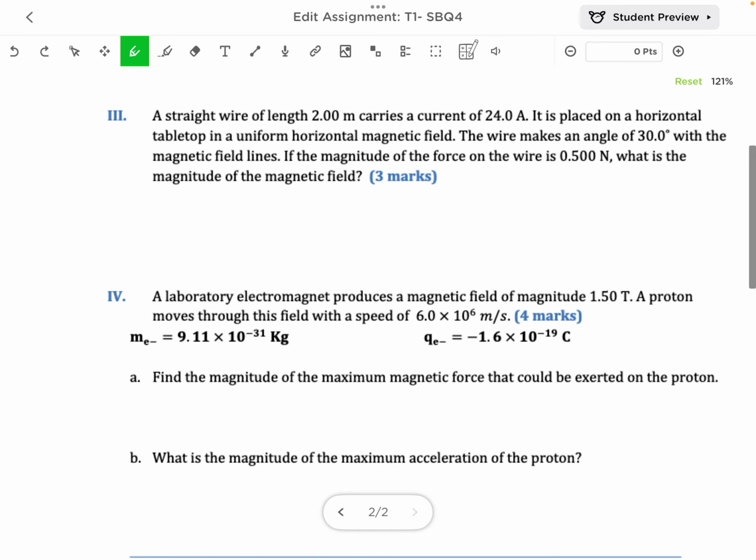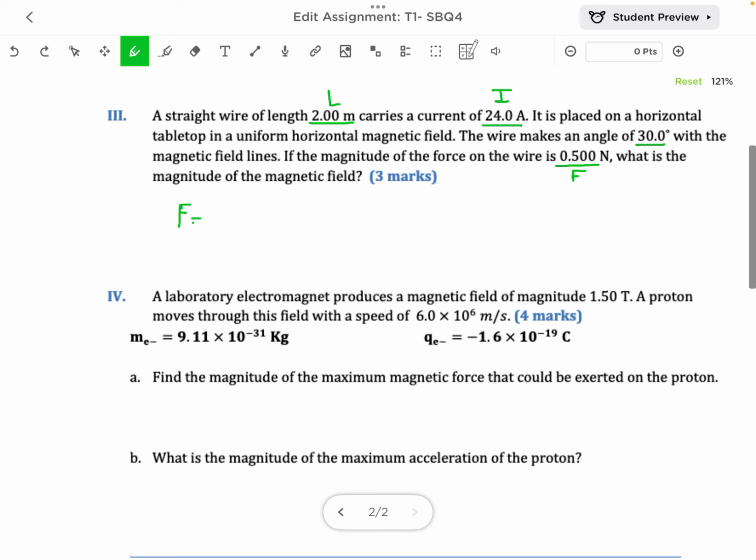You have a straight wire of length 2 meters that carries a current of 24. It is placed on a horizontal tabletop in a uniform horizontal magnetic field. The wire makes an angle of 30 with the magnetic field lines. If the magnitude of the force is 0.5 Newton, what is the magnitude of the magnetic field?